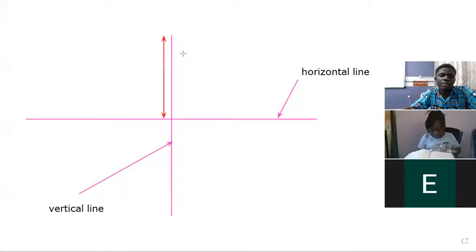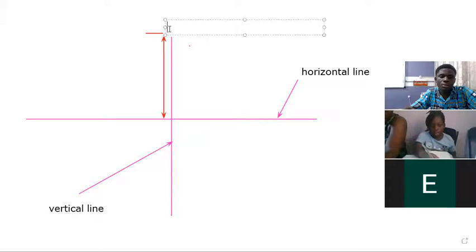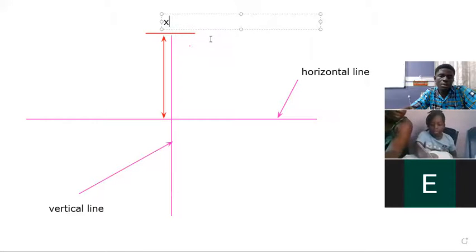And then you can see it starts like this. So from up here to down here, we are going to call it X. Very good. Let me bring it down.